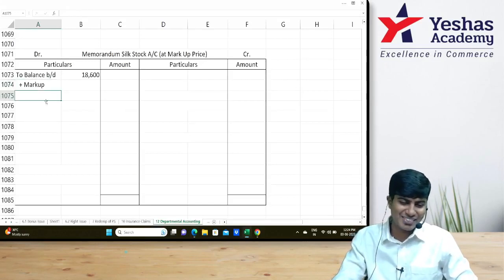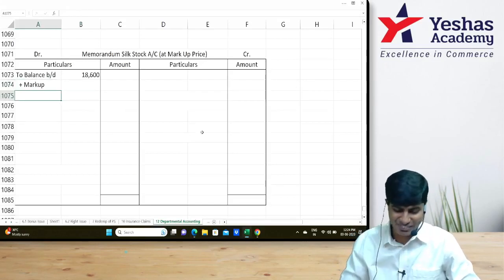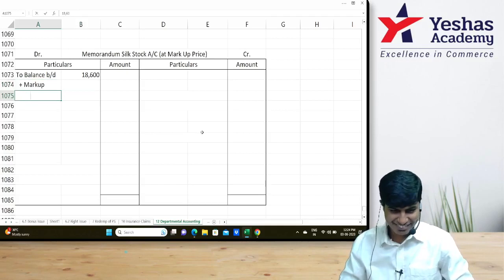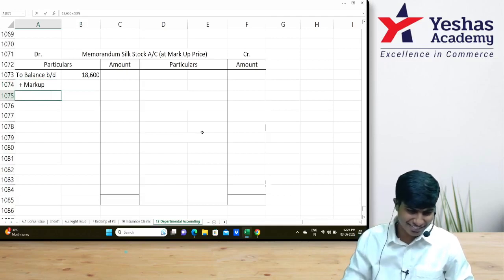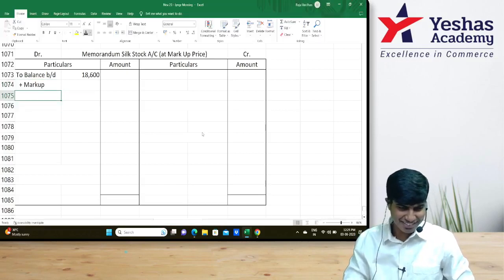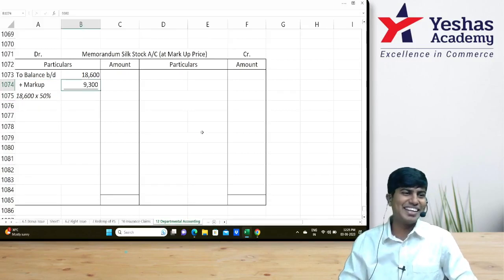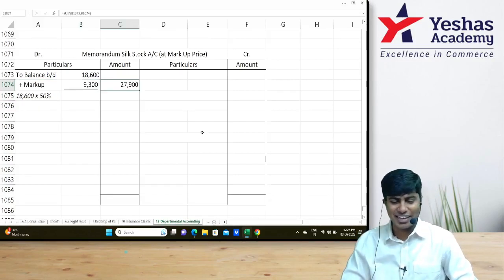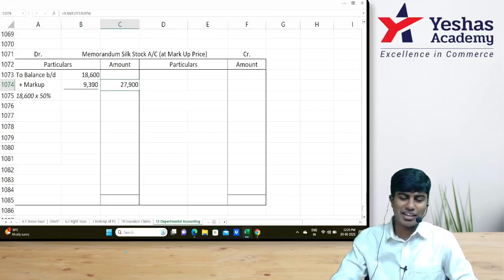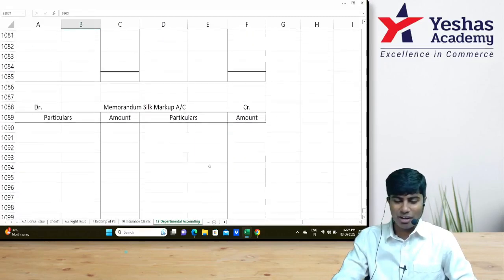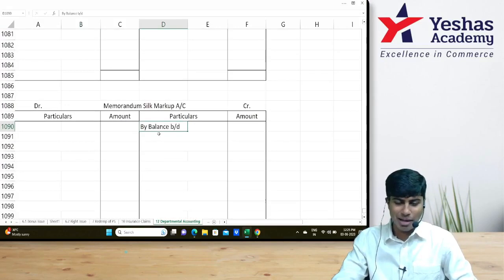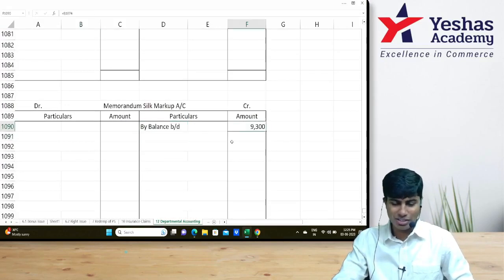So I'll take 18,600 into 50%. How much do we get? 9,300. If we add, we get 27,900. And this 9,300, where else do I write? In our memorandum silk markup account, I'll write by balance brought down 9,300.